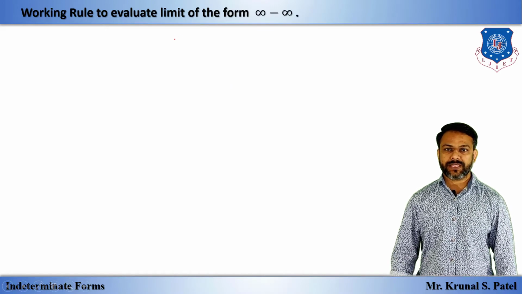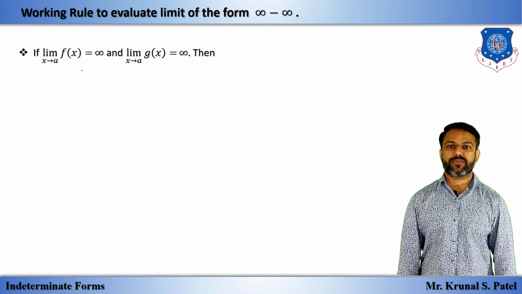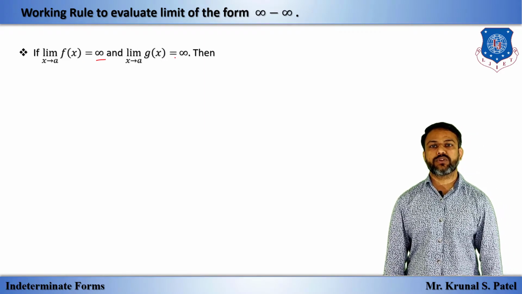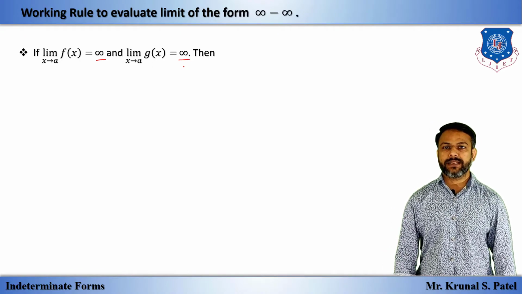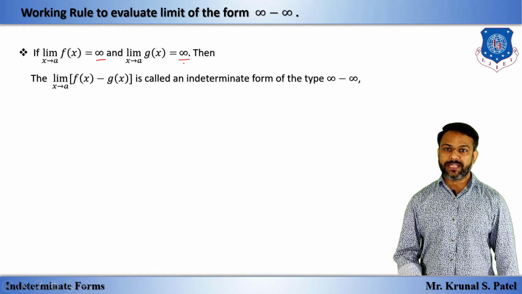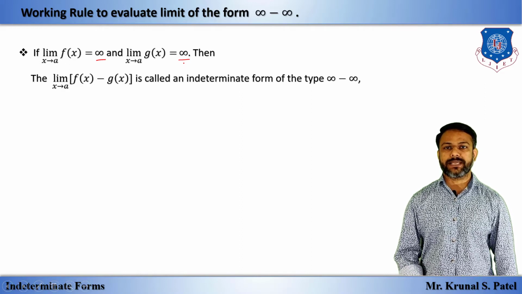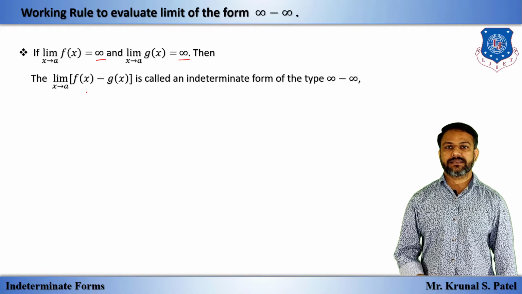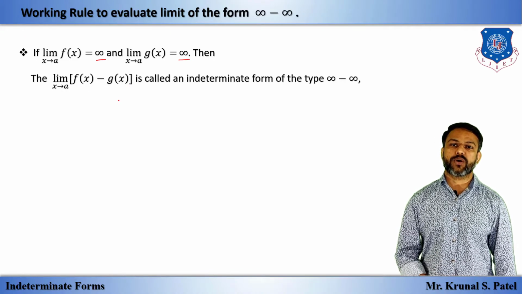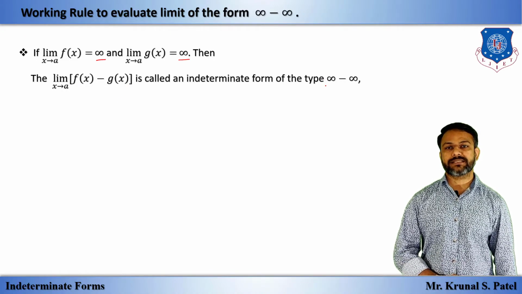In this form, if limit x tends to a, f of x is equal to infinity, and limit x tends to a, g of x is equal to infinity, it is given, then the limit x tends to a, f of x minus g of x is called indeterminate form of the type infinity minus infinity.